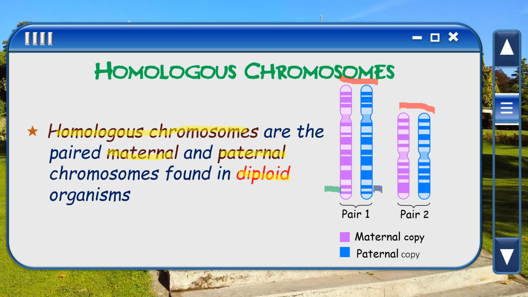So we have a maternal chromosome, and at the same time a paternal chromosome. When they pair up, they form what we call a homologous chromosome.